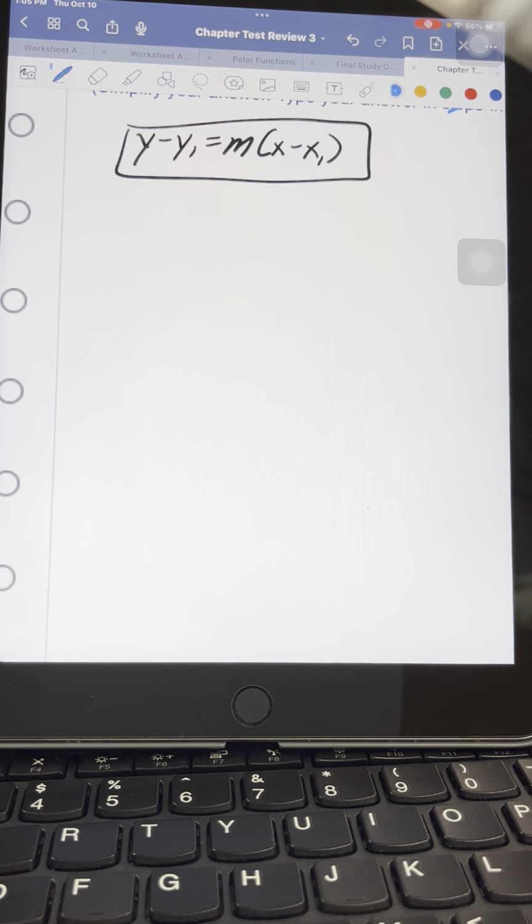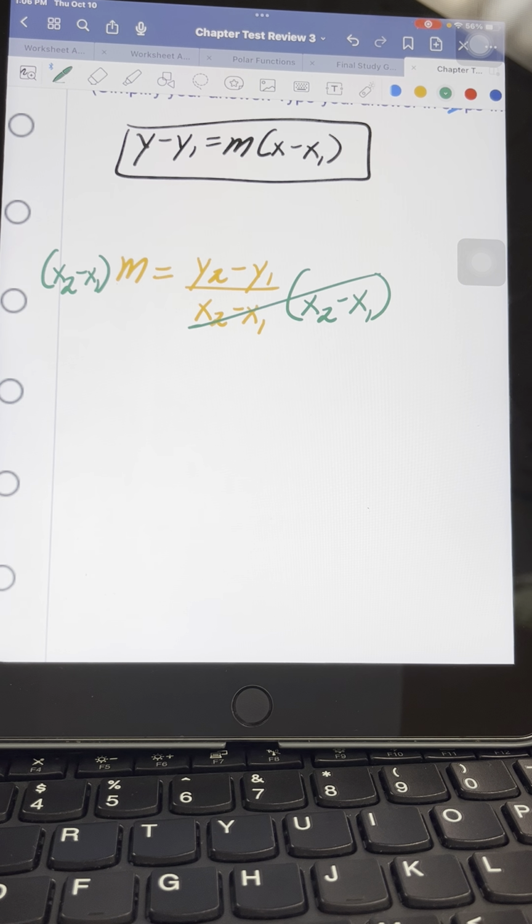We can get to point slope form using the slope formula. First we're going to multiply out the denominator. So this will cancel. Now we're going to have y2 minus y1 equals m times x2 minus x1.